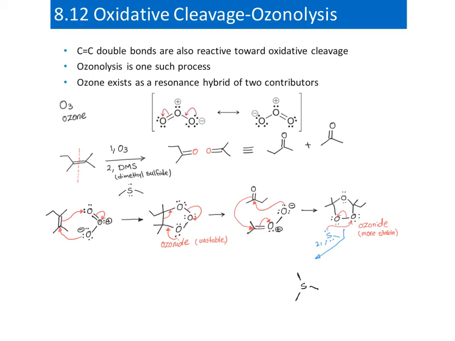So there is a bond between sulfur and this oxygen. Now this oxygen is connected to the carbon, which has a methyl and ethyl group attached. And this is connected to the oxygen. So this oxygen is connected to the carbon that has two methyl groups attached.